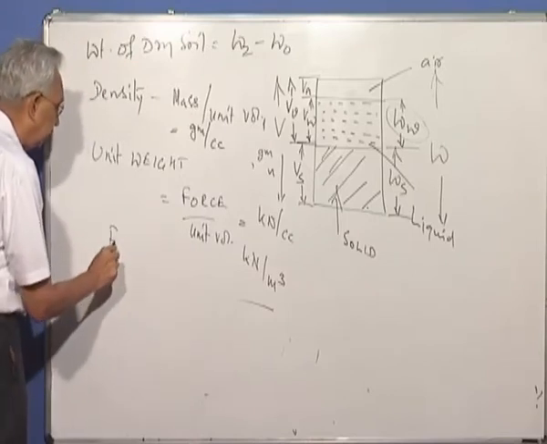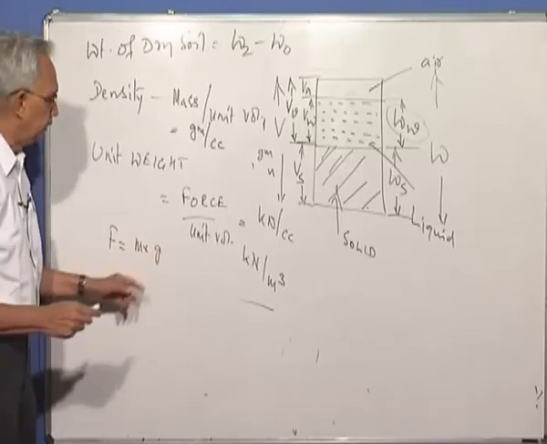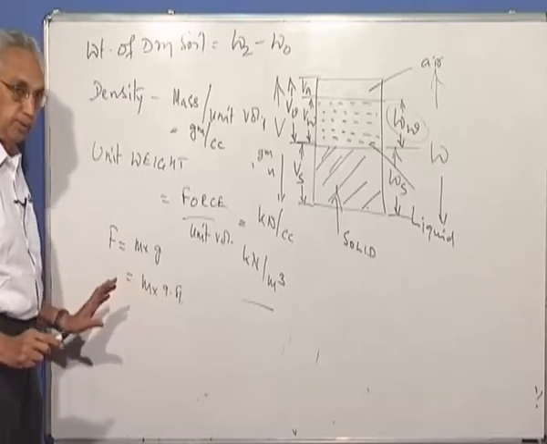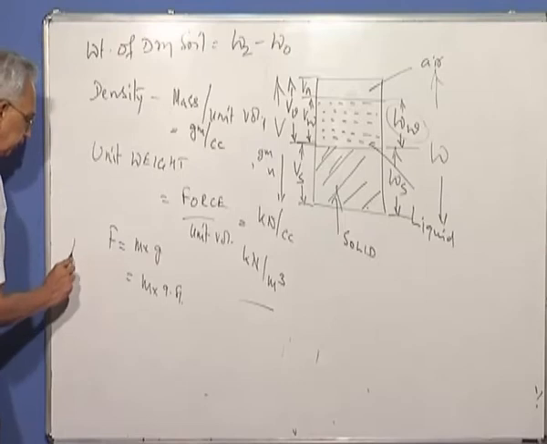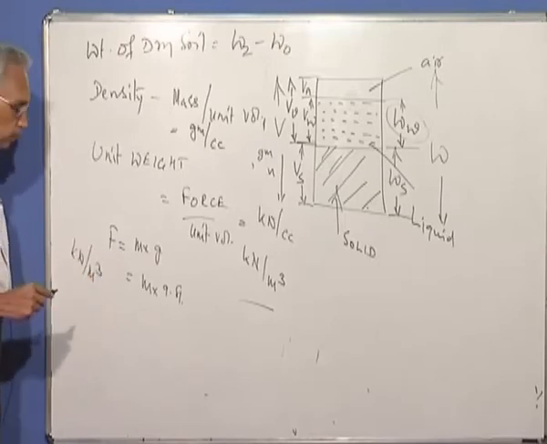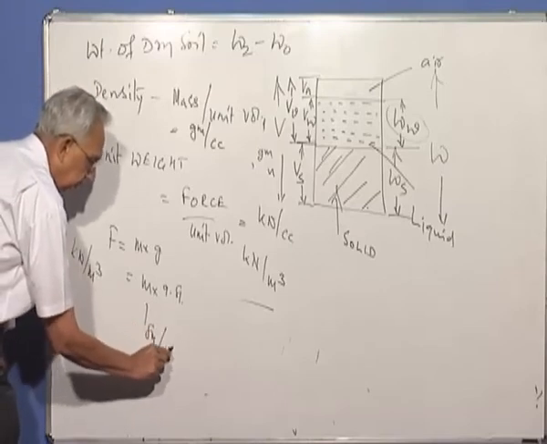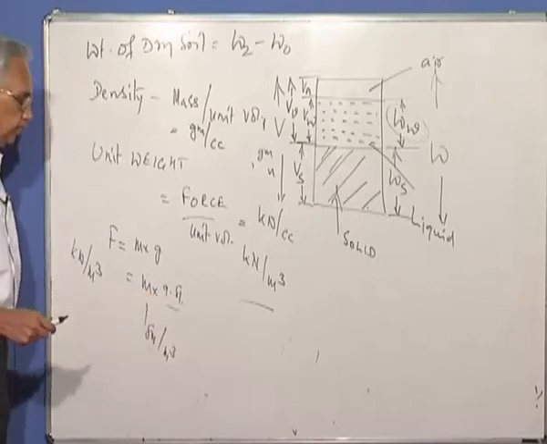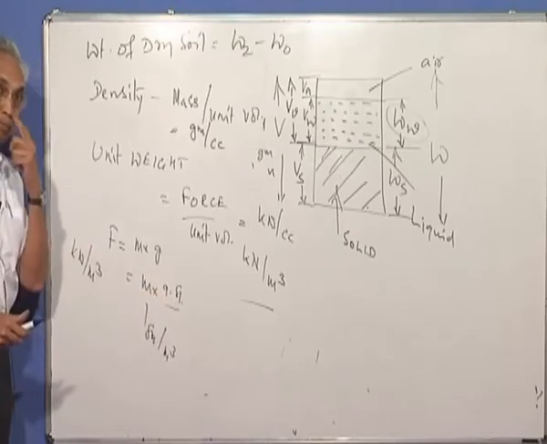So you know that force is equal to mass into g, and g you know is nothing but 9.81. As long as you are very clear about the units, you can interchange the two. Force units are in SI, kilonewtons per meter cube, for example, whereas mass is in grams per cc or meter cube, whatever it is, and I'm multiplying by the acceleration due to gravity, which is 9.81.